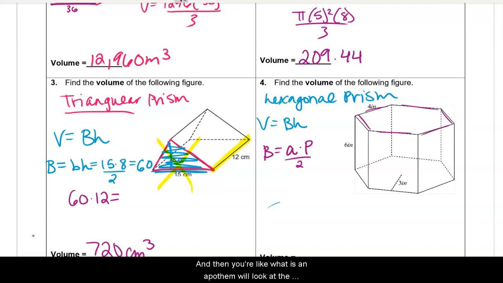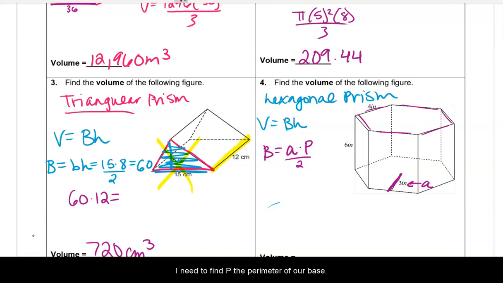Well, look at the formula sheet. It says regular polygon is the base. It shows you a pentagon, and then a hexagon. On the hexagon, this thing that kind of looks like a radius is your A, apothem. So apothem is basically the radius of a polygon. So that's our A. It gives it to you right there.